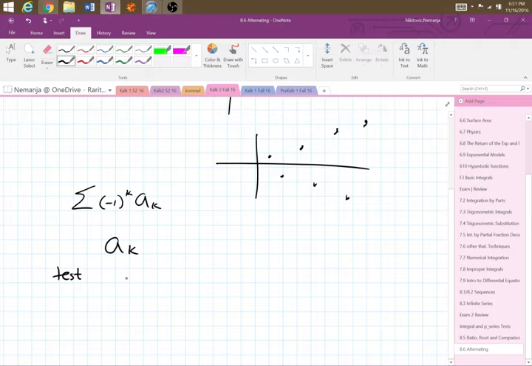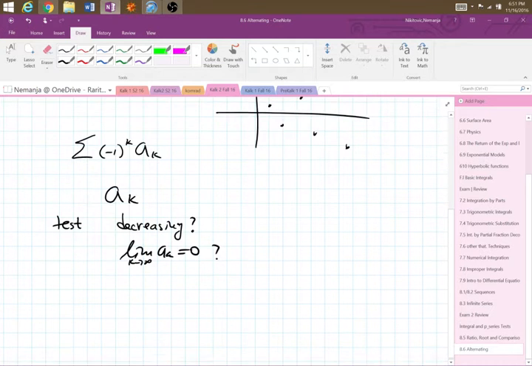You test decreasing, and you test if the limit of a_k is 0, as k goes to infinity, obviously. So this is the procedure. You isolate a_k, and then you test if a_k is decreasing and if the limit of a_k is 0.